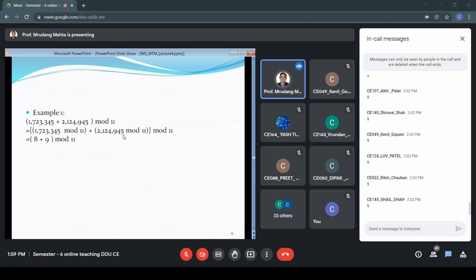Okay, so the next step is 8 plus 9 mod 11, that is 17 mod 11, so that is 6. Okay. Now if we perform this negative operation, minus, so A minus B mod 11, what is the answer?